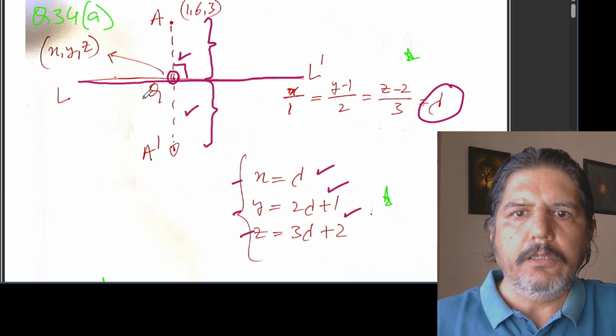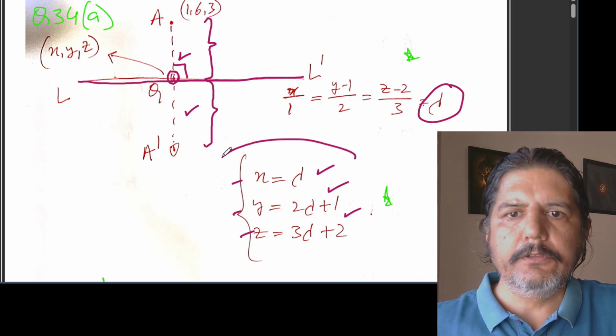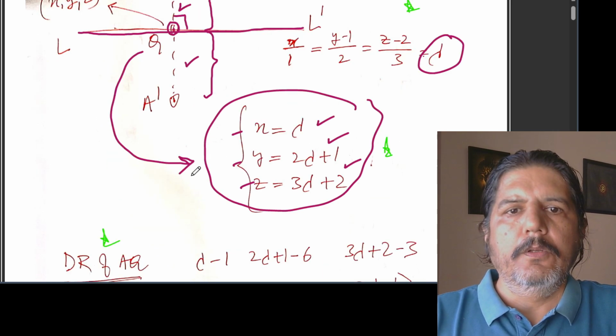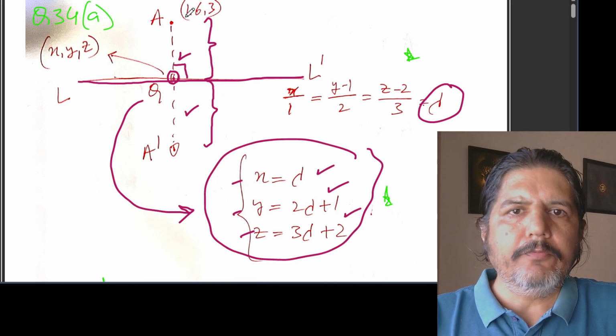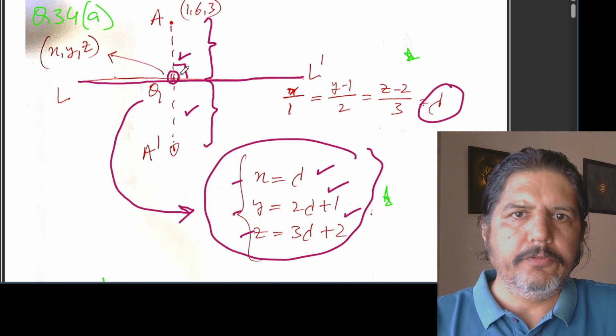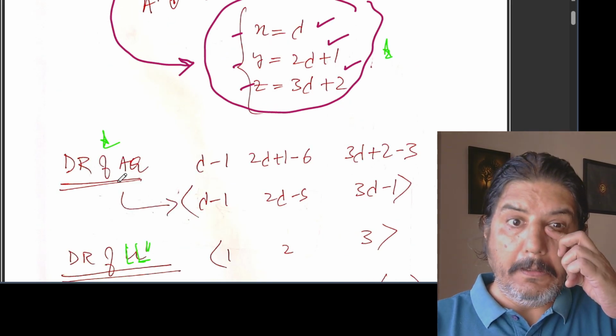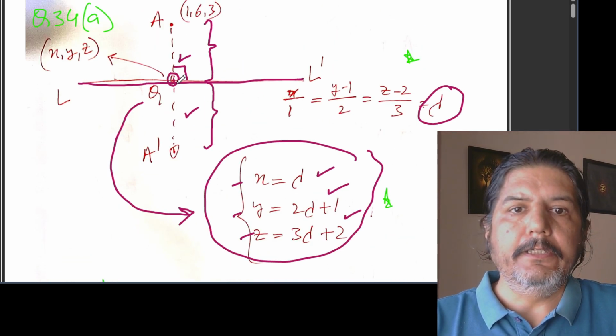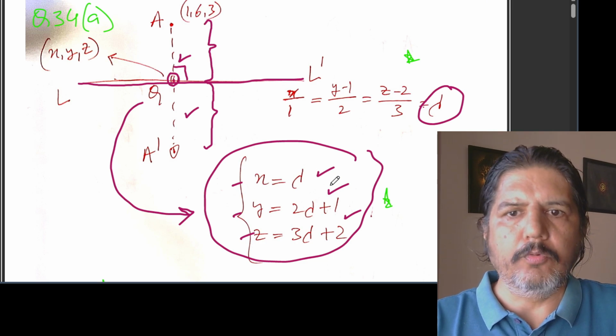Now, consider this random point to be this point, Q. Now, if I have to find the direction ratios of this line AQ, what will I do? This point is 1, 6, 3. This point Q is this. So I'll just start subtracting the 2 points.